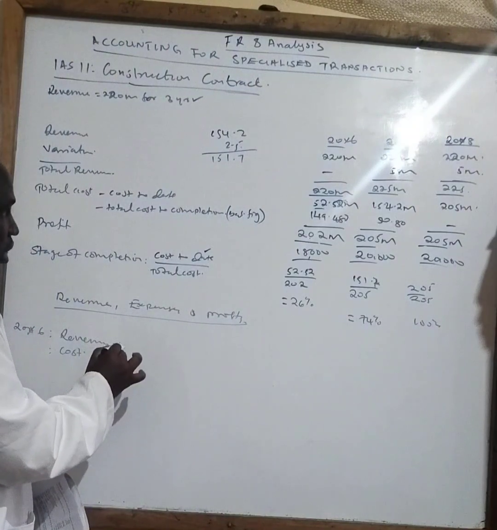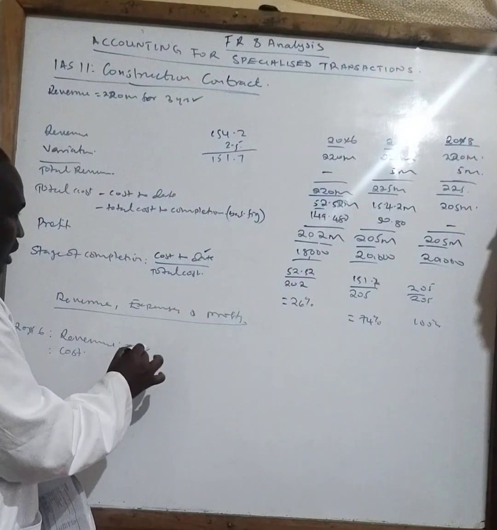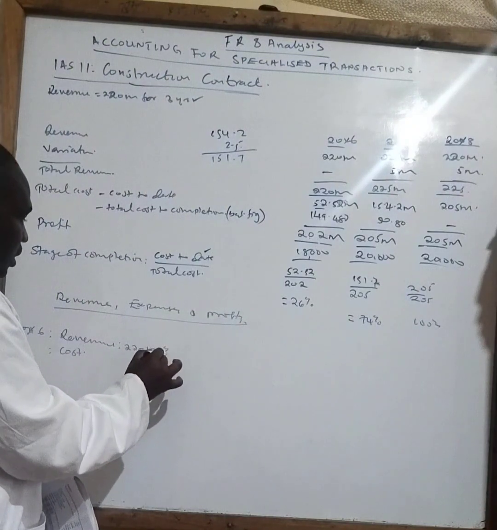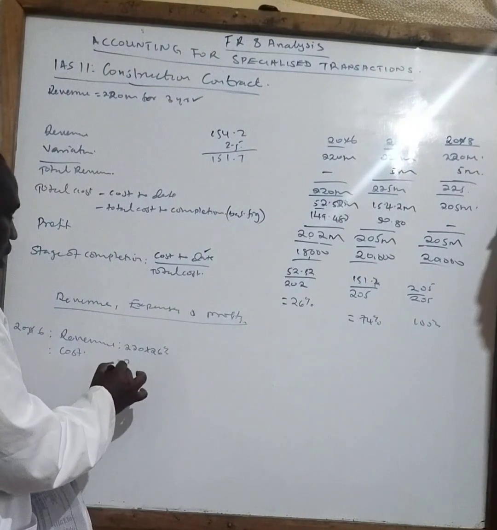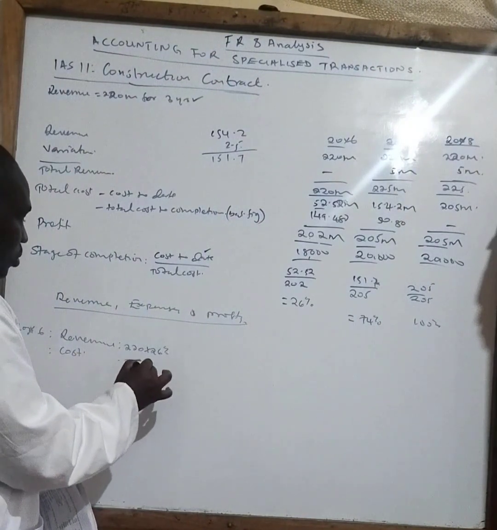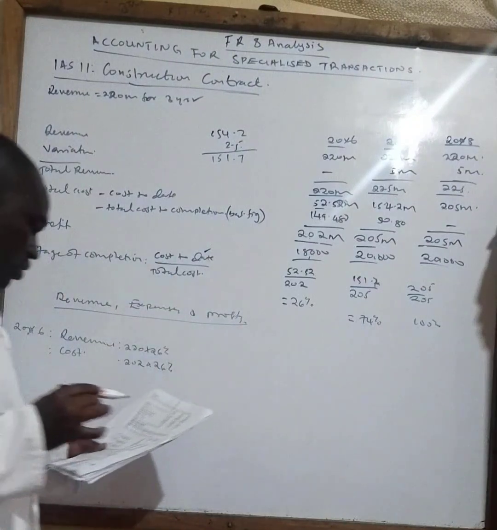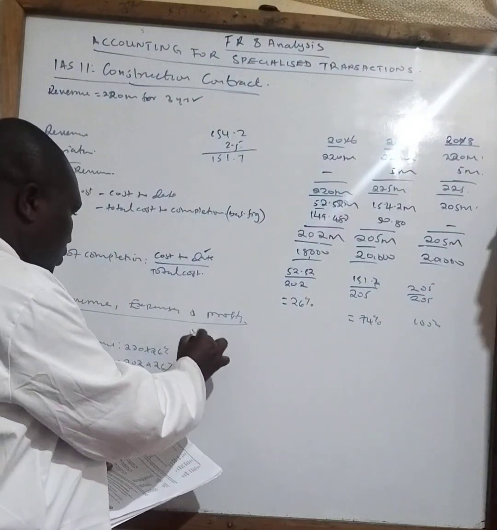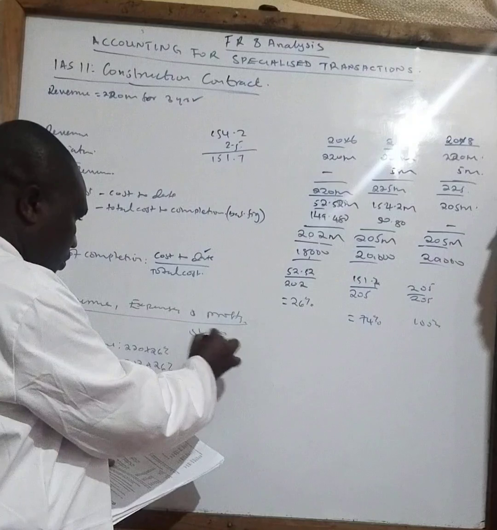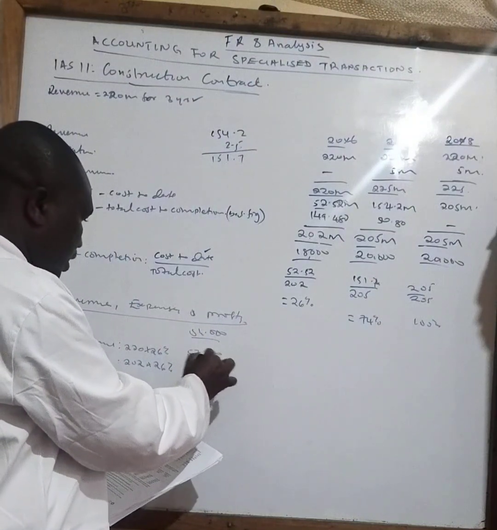In this case, revenue will be 220 times 26%. Cost 202 times 26%. Correct? So when you work out carefully, you will get 57,200.